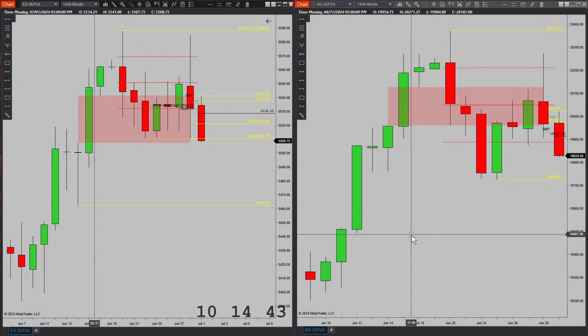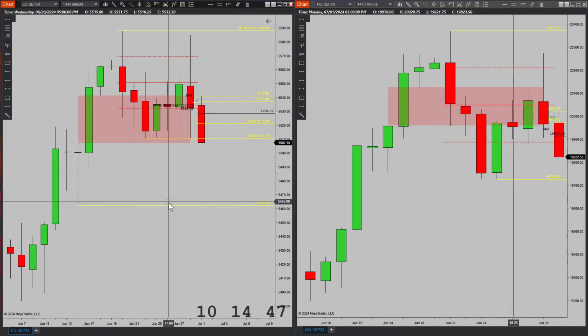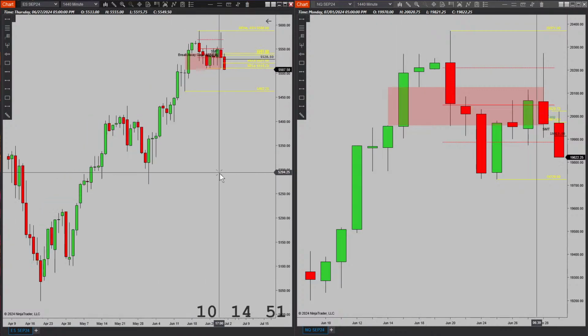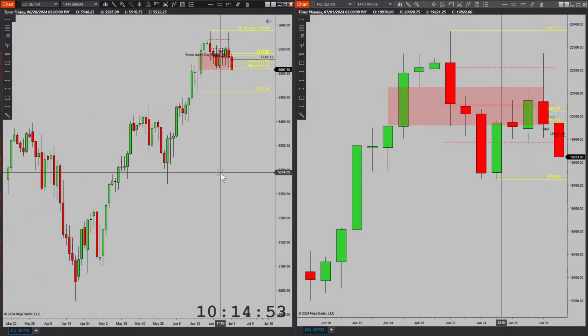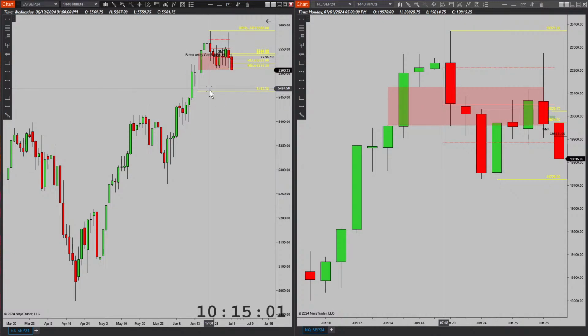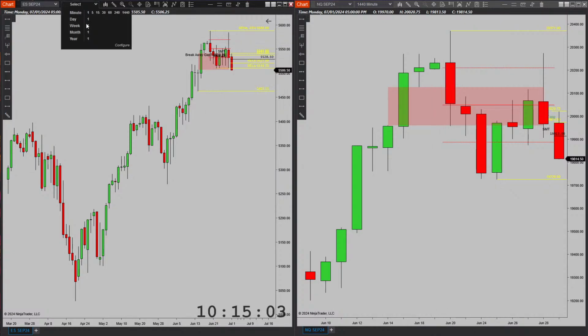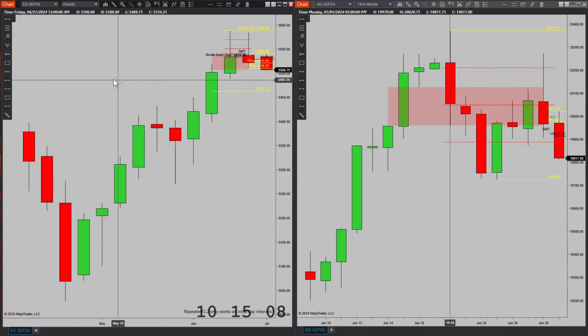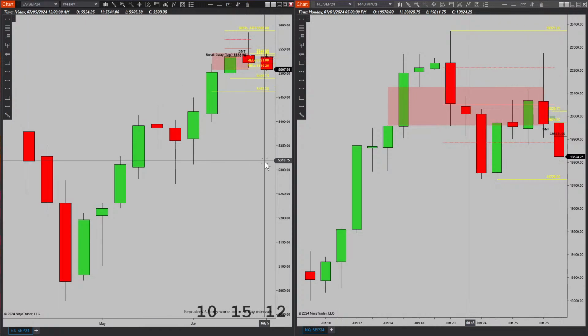I'm still trying to see. There we go. Yeah, this would be the weekly draw. There you go. Yeah, this is the weekly draw right here.